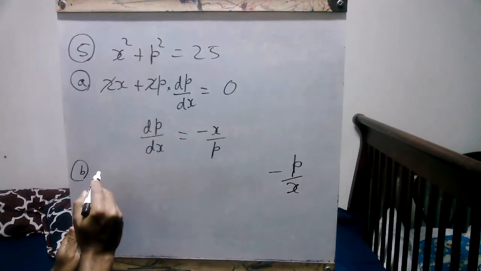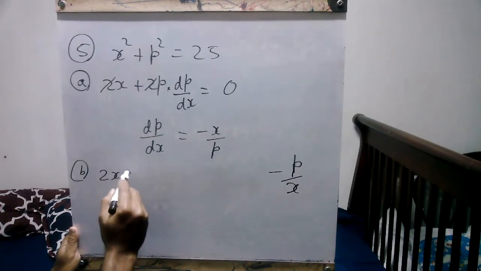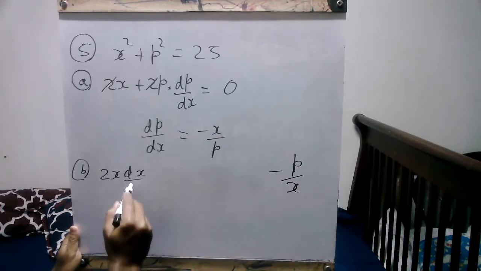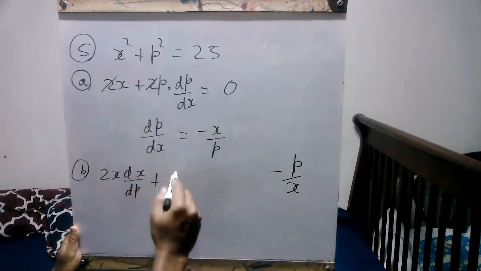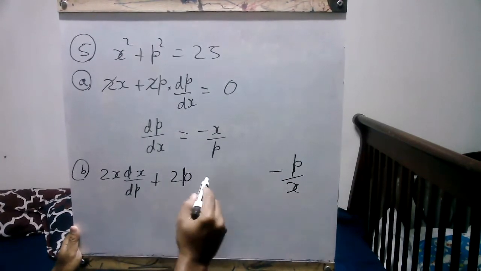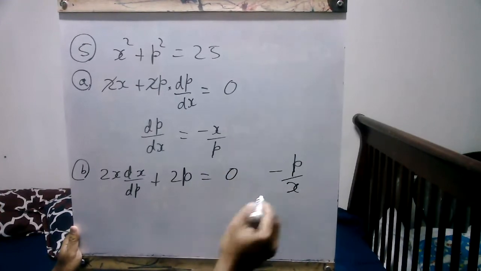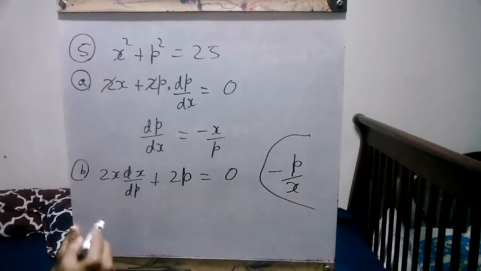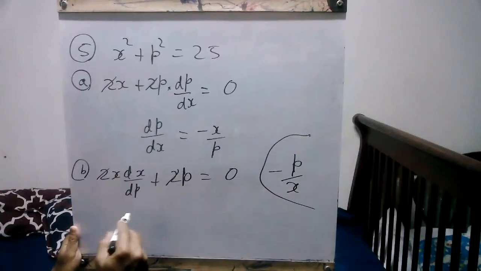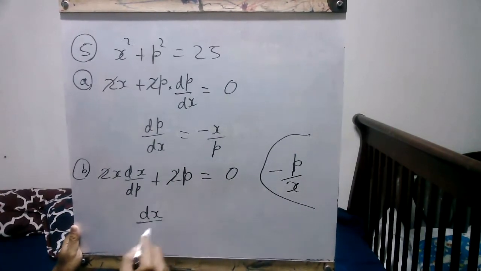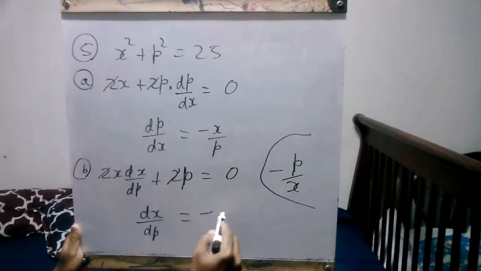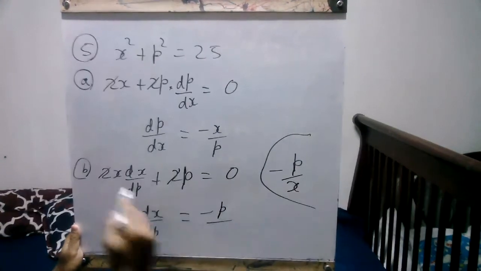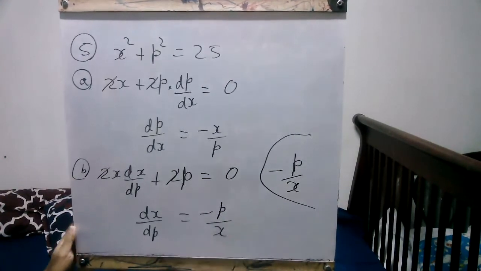We get 2x dx/dp plus 2p equal to 0. 2 cancels out, we get dx/dp equal to, moving this p to the other side, negative p over x. We get the same answer.